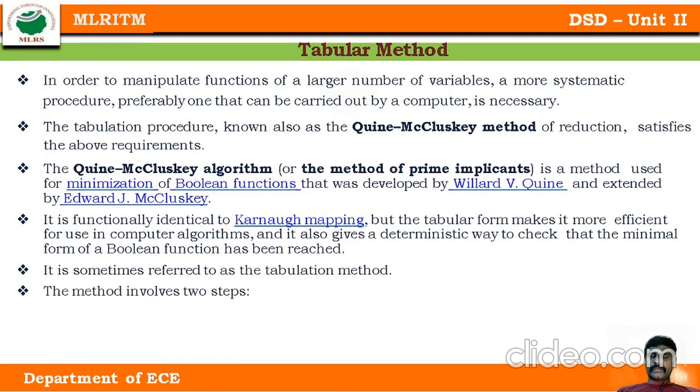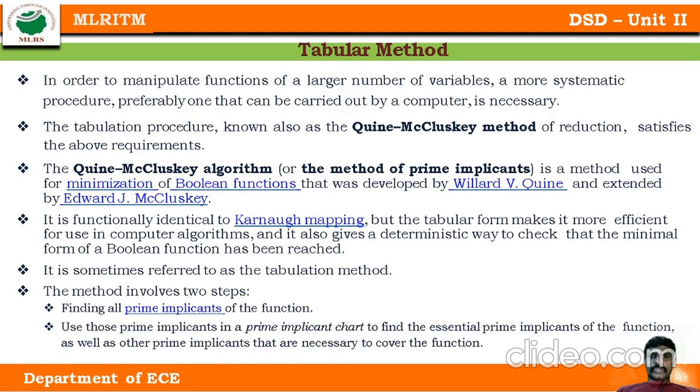This method involves two steps. First, finding all the prime implicants of the function. Second, using those prime implicants in a prime implicant chart to find the essential prime implicants of the function, as well as the other prime implicants necessary to cover the function. So what is a prime implicant and what is an essential prime implicant?